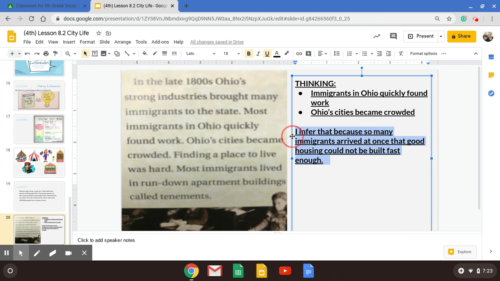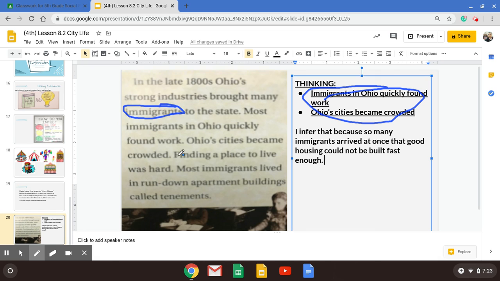So that is what I inferred from the passage, answering the question, why did most immigrants have to live in tenement houses? So I used clues from the text. I used my prior knowledge about immigrants in Ohio that we learned in lesson 8.2. And I came up with the inference that because so many immigrants arrived at once, good housing could not be built fast enough.